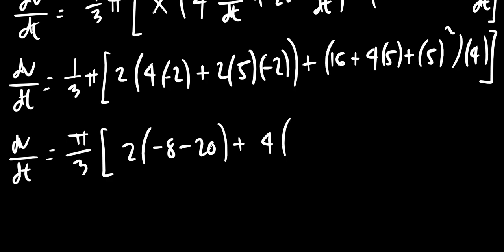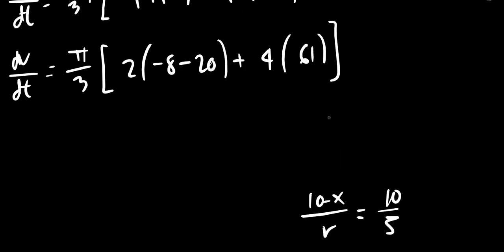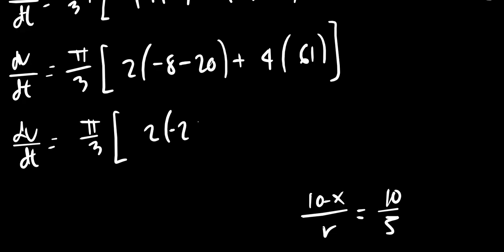So 36 plus 25 is equals to 61. We'll further simplify. So dv over dt is equals to pi over 3, 2 times negative 28 plus, what is 4 times 61? 4 times 61 is 244.